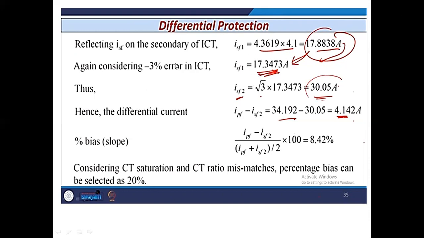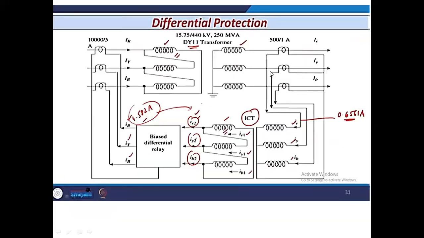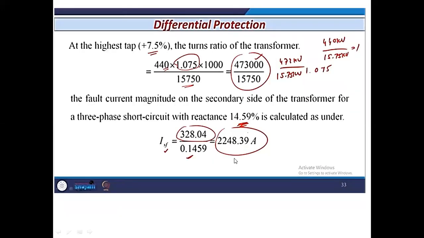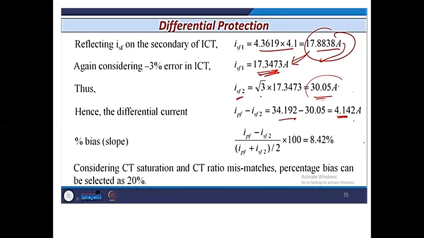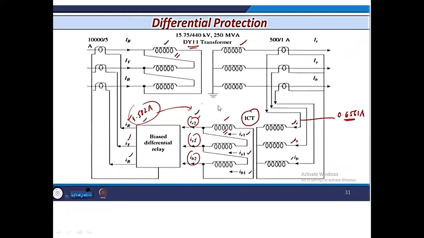This is the minus 3% error in ICT. So these ISF1 will actually be these currents, and ISF2 will actually be these currents.